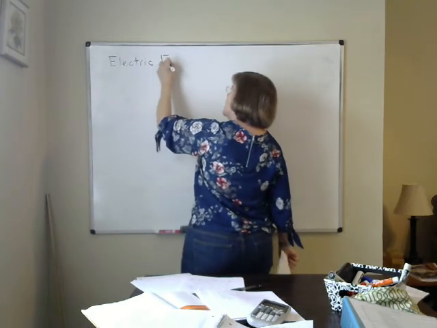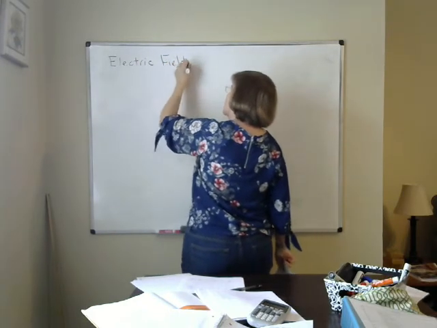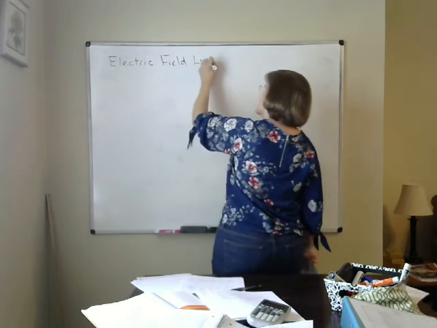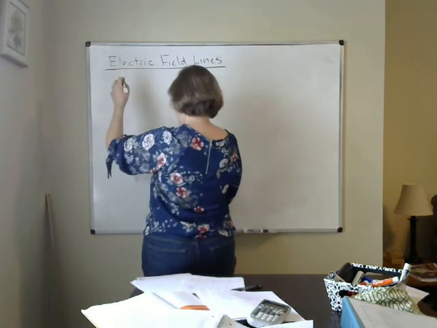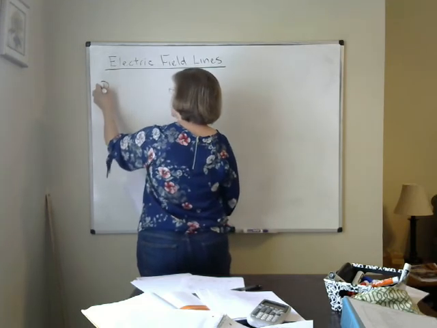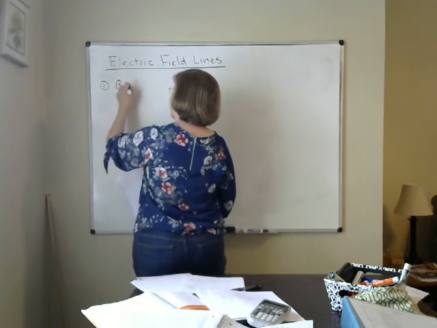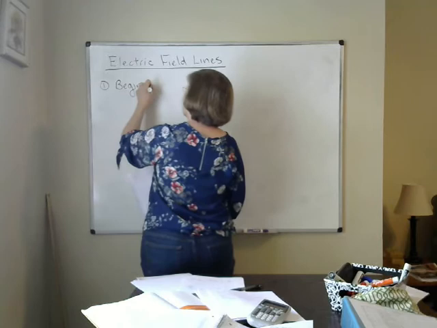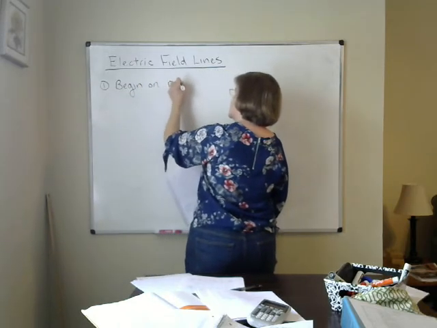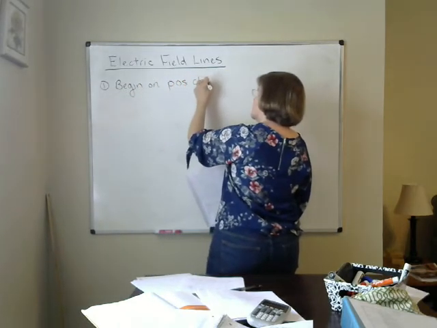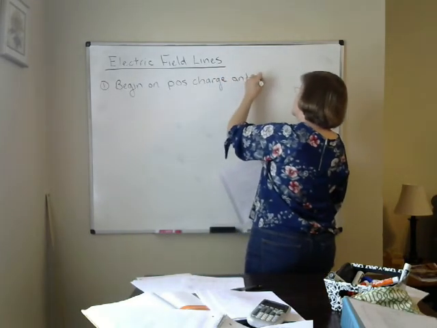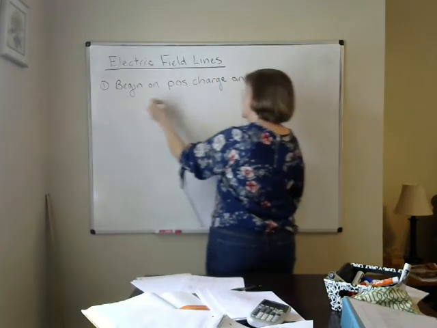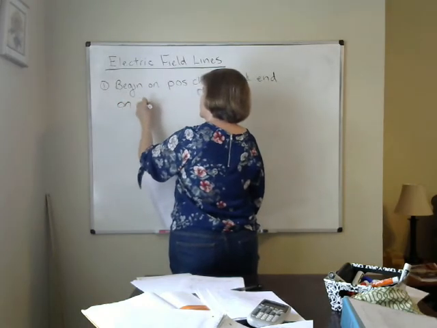Electric field lines obey some certain rules. One rule is that they begin on positive charge and they end on negative charge.